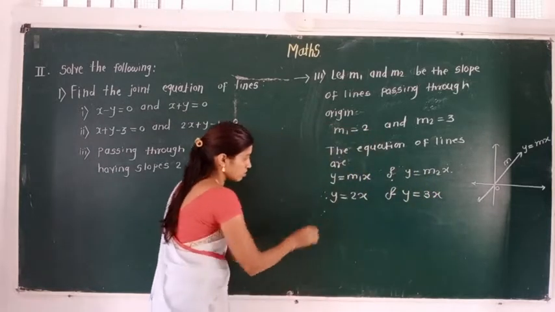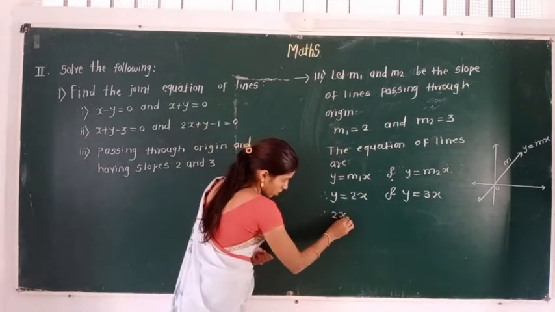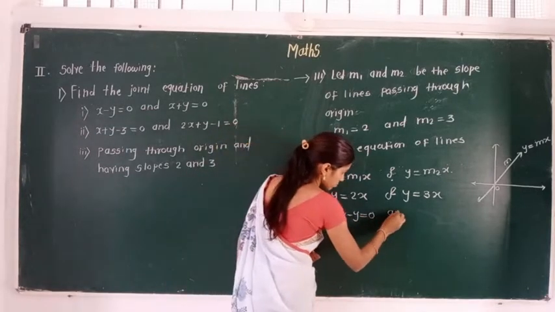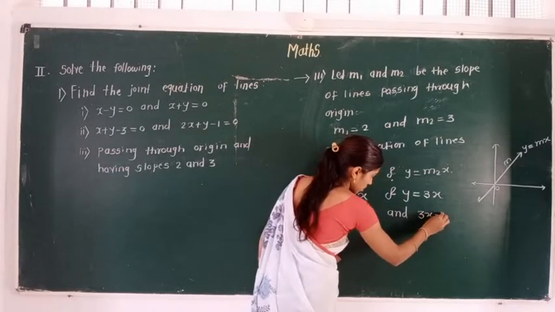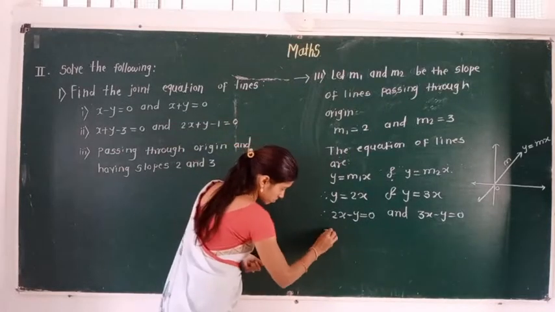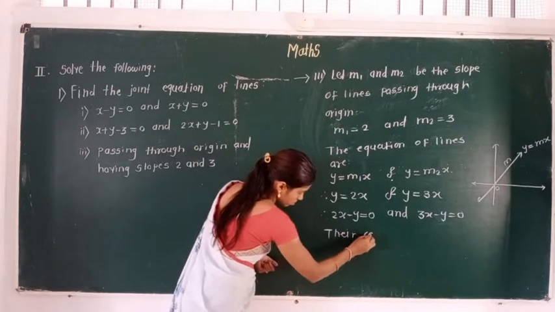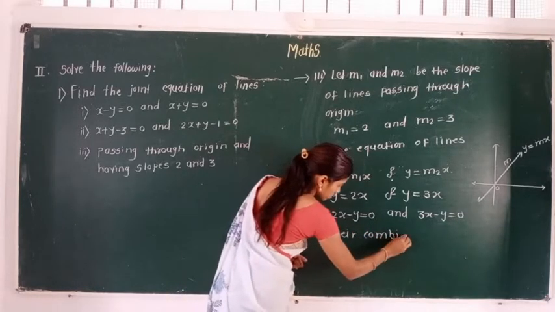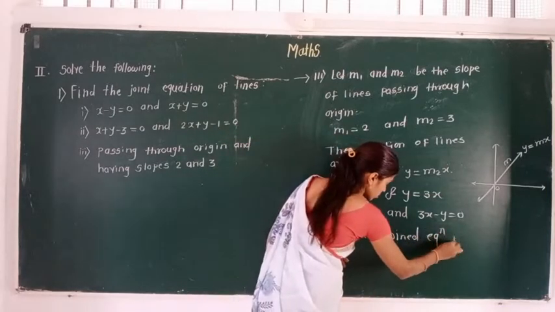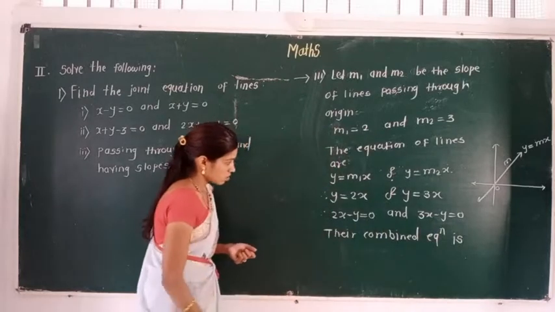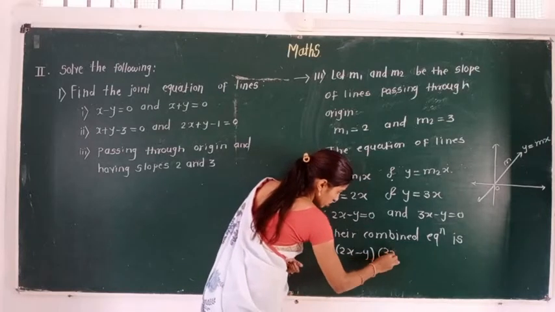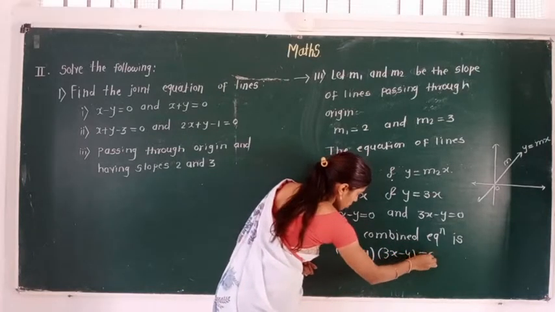Now we write these equations as 2x minus y is equal to 0 and 3x minus y is equal to 0. Now their combined equation, that means joint equation, is 2x minus y into 3x minus y is equal to 0.